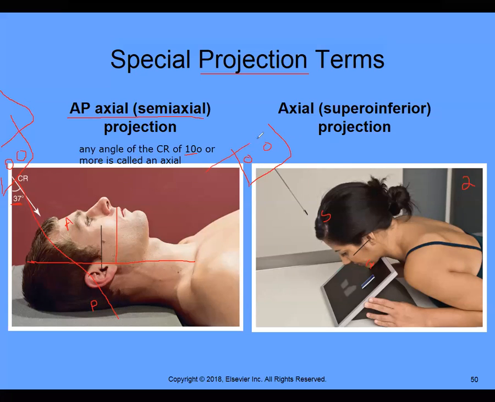So this is my X-ray tube and it's angled, something like that. And it's entering superiorly and exiting inferiorly. So this would be an axial superior inferior projection.